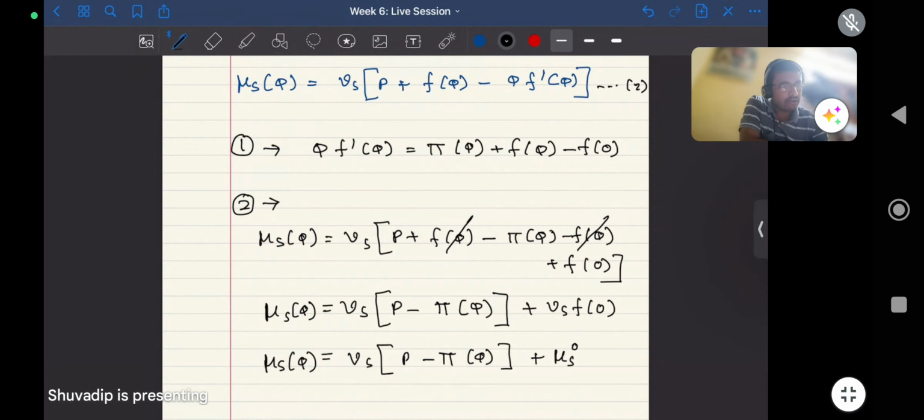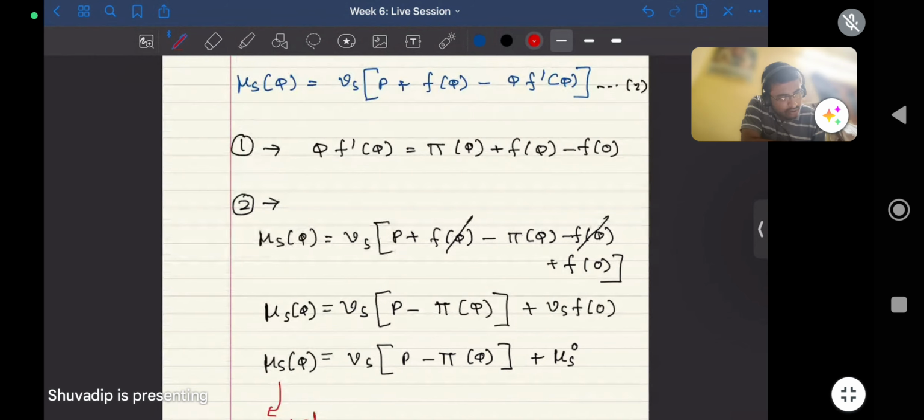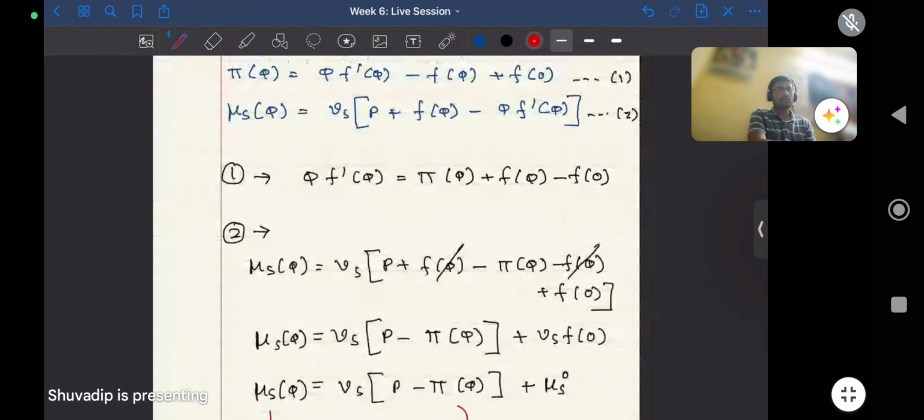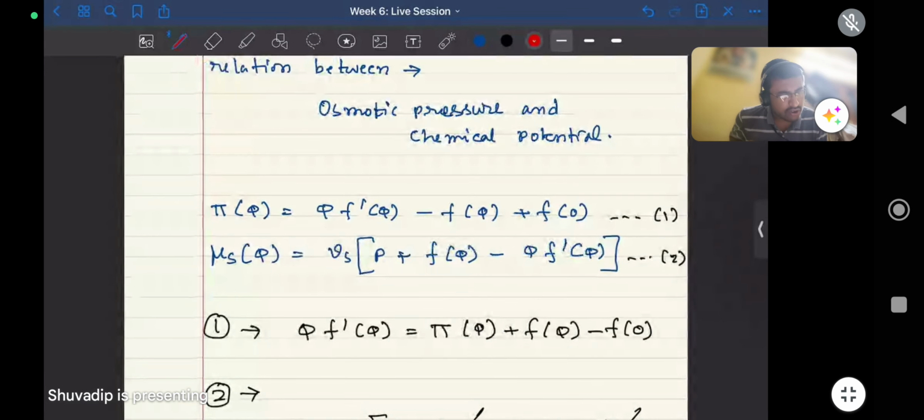So in this way mu and pi are related. Here mu is chemical potential and pi is osmotic pressure. These two formulas are derived in lecture, and you can check again how they were derived.